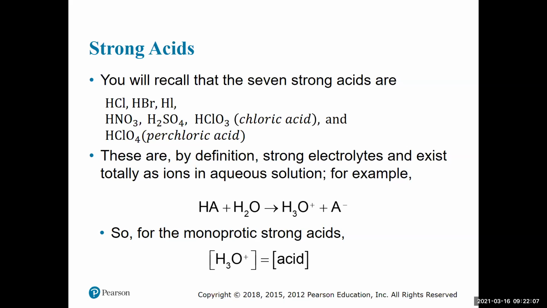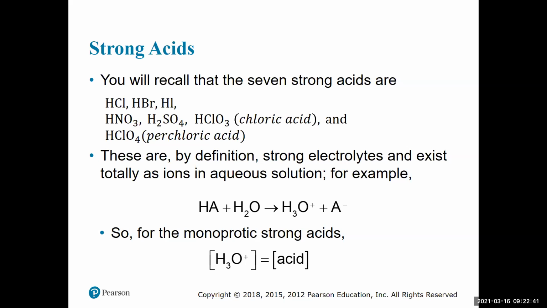The most common strong acids are listed here: HCl, HBr, HI, nitric, sulfuric, chloric, perchloric. And what that means is for those acids, this dissociation, where HA represents just a generic strong acid, goes into water, donates that proton to the water, and we're left with H3O plus or H plus, however you prefer to think of it, and then the anion to the acid.